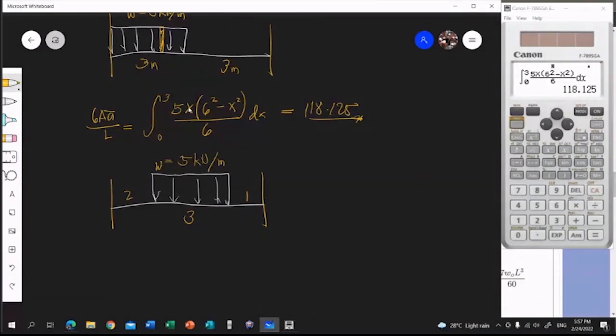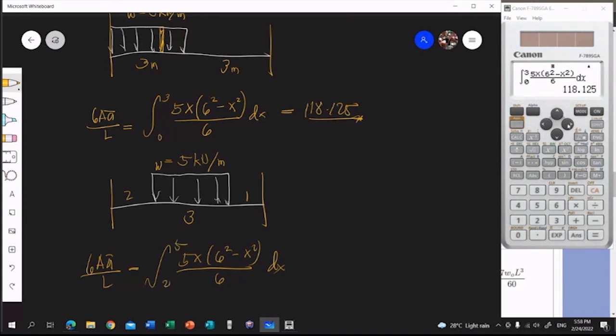Do you agree? 2 to 5, 6 squared minus x squared all over 6, dx, from 2 to 5.